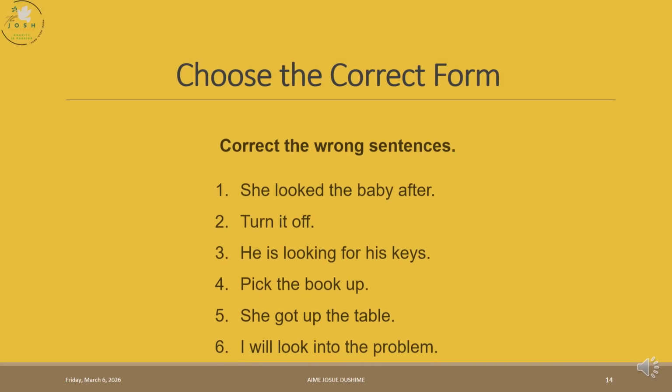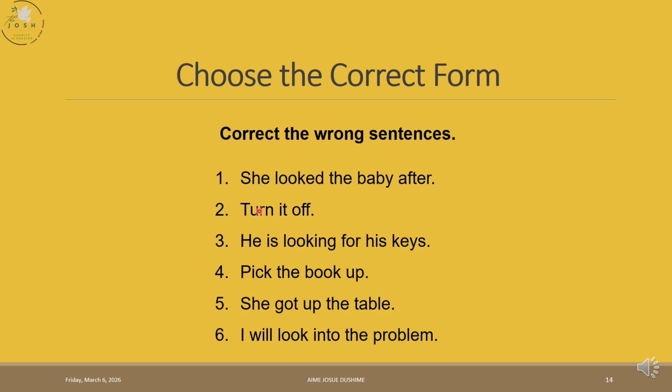Here you're going to choose the correct form. Choose the correct form from the given. Of course, if they are wrong, what you're going to do is correct it and put them in the right order. If it was separated and it wasn't supposed to be separated, correct that. If the phrasal verb was used in a wrong way, just use it in the right way.